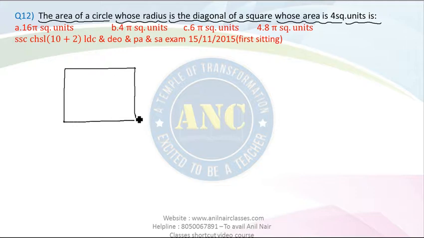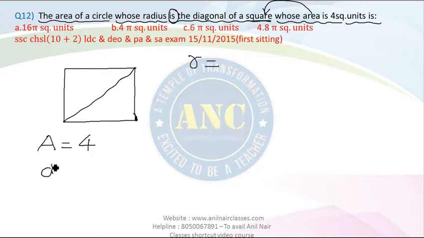Whatever the diagonal of the square is, that diagonal is nothing but the radius of the circle. Both are absolutely the same. The area of this square is 4 square centimeter.